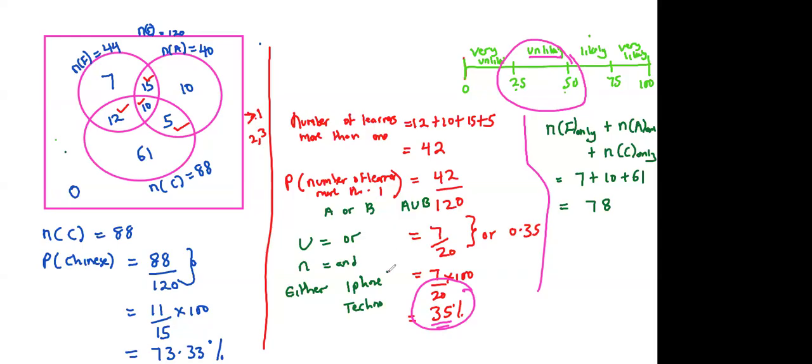Okay, but I want you to understand it from this statement here. When your parent tells you that they are going to buy for you either an iPhone or a Techno phone, how do you understand it? That they have an option of buying me only one of either the iPhone or the Techno, but it doesn't mean that they can buy both.